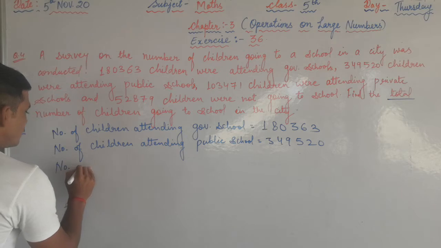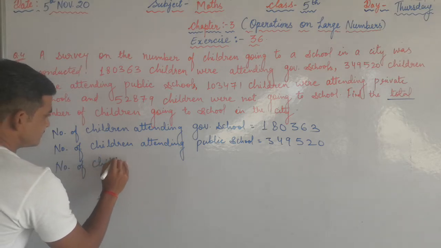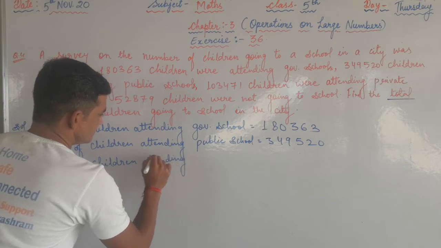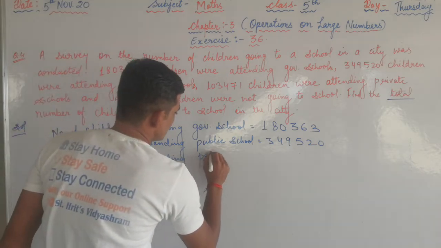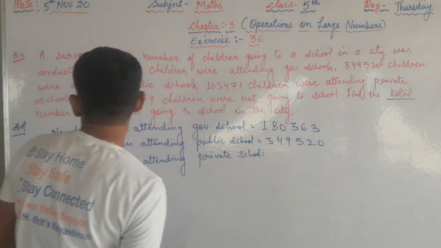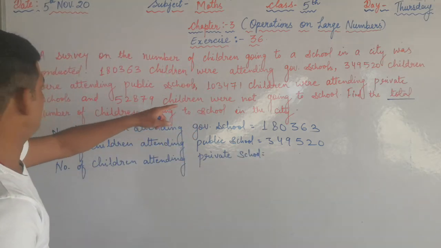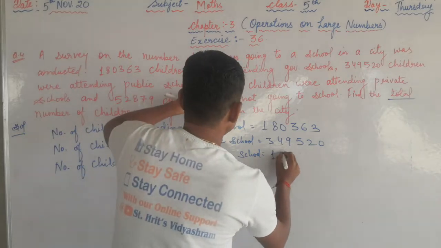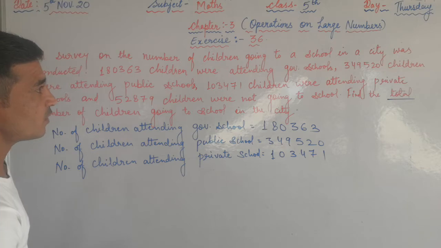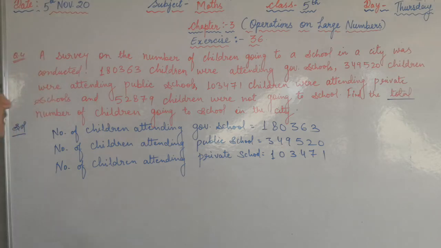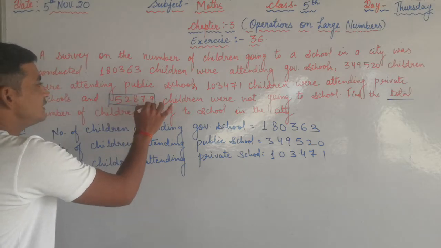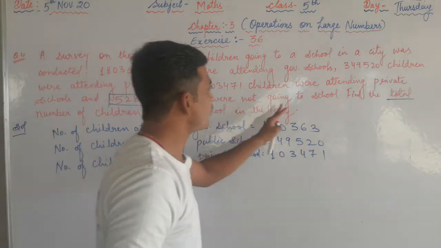Now, number of children attending private school equals this data: 1,03,471. Okay, so these are the students, and these children are not going to any school.